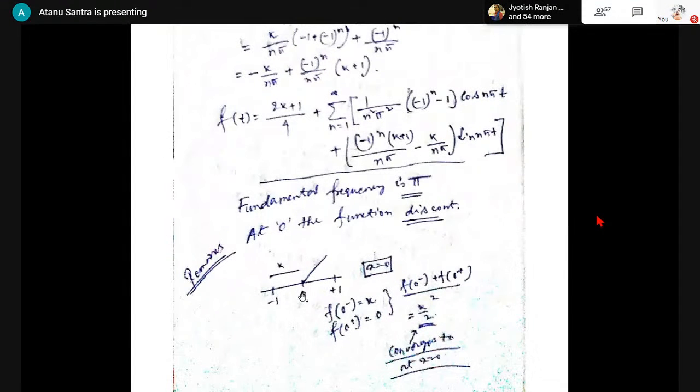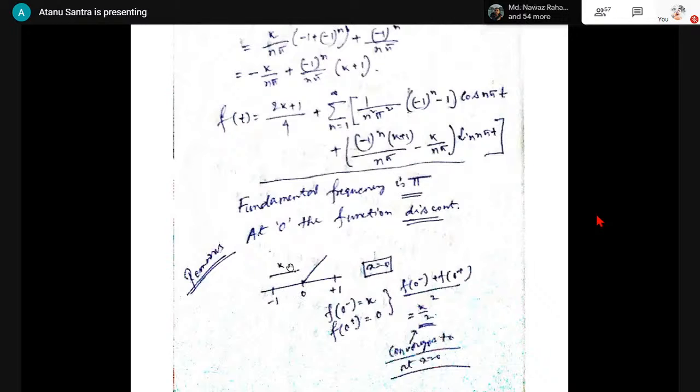At the point t is equal to 0, the function is discontinuous, right? Yes. If we try to see the convergence of the function, then at the continuous time interval, we will see the function converges to the functional value.